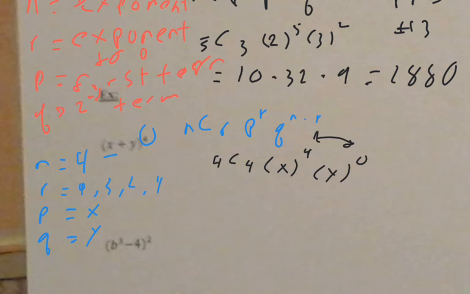If you look here, n minus r, n is 4, and r right now is 4, so 4 minus 4 is 0. Actually, let's do this first. 4C4 equals 1 times x to the 4th times 1, which is just x to the 4th.